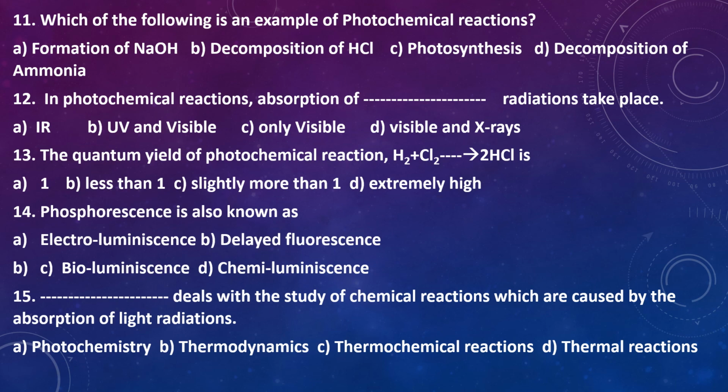So what is that, students? Photochemistry. This is the branch of physical chemistry dealing with the chemical reactions occurring by the absorption of light radiations. The answer is A, that is photochemistry.